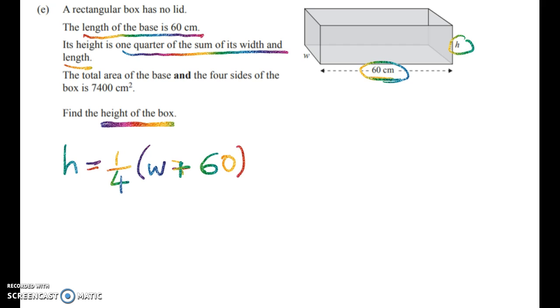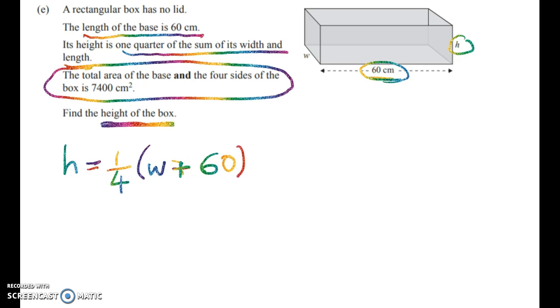Now, we're given an expression for area that we're going to turn into an equation. The total area of the base and the four sides is made up of 5 bits. So the area is equal to the base plus 2 lots of these bits here that I'm colouring in now.